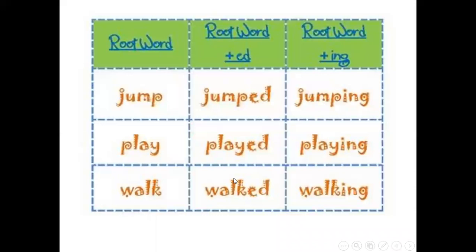So look at here, jump, jumped, jumping. In the beginning, I want to remind you something. If we add s, es, or ing to the word, that means the verb is happening now, or this action is happening now. If we add ed, that means it happened in the past. Let's write it.